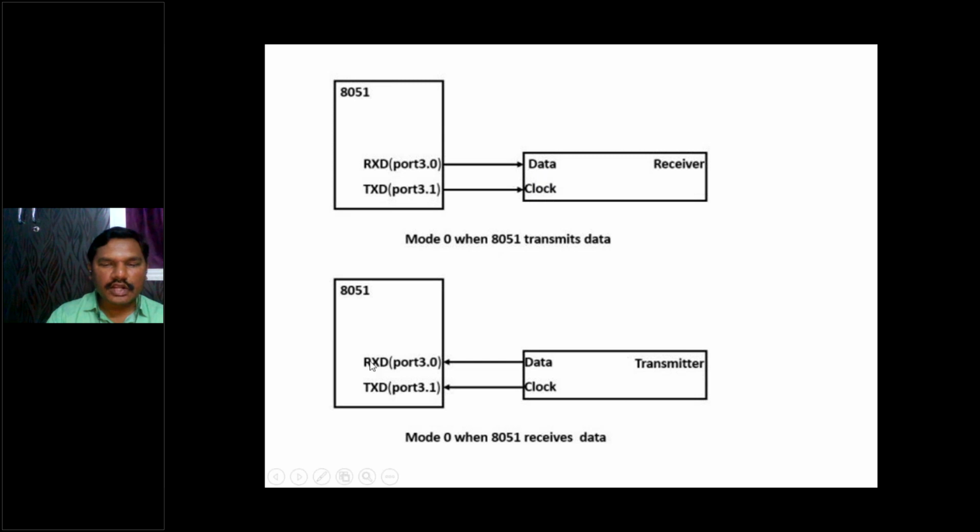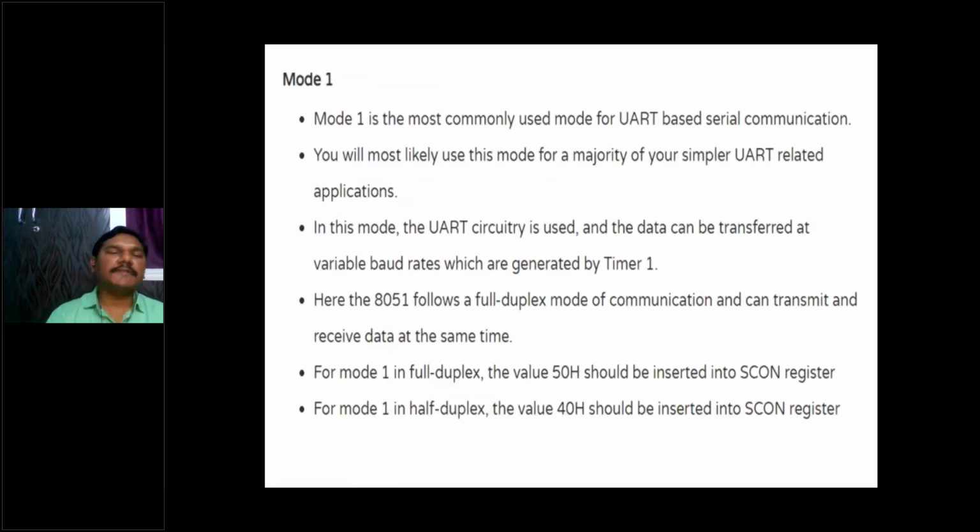When the 8051 receives data, the RXD pin is for data and the TXD pin is for clock. In both cases, the TXD pin is for transmission of the clock and the RXD pin is for either sending or receiving data. Here see the arrow: this one is outside and this one is inside, for transmission and reception of the data.